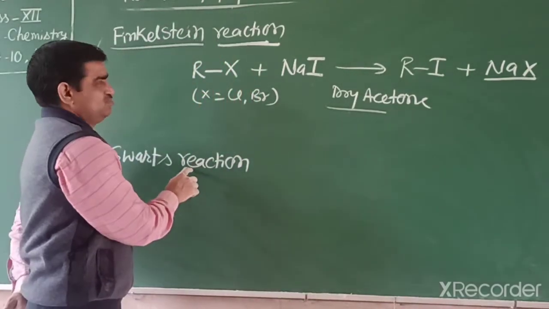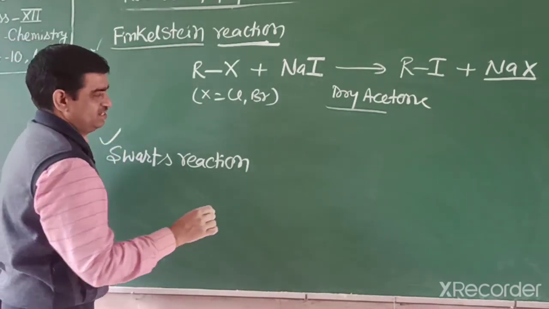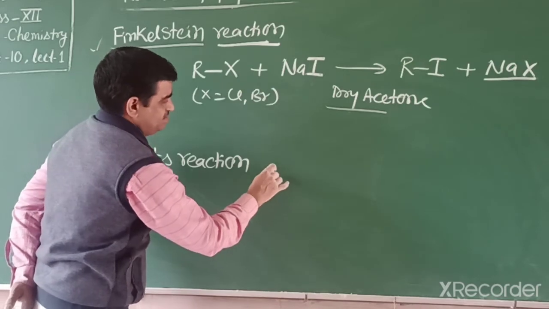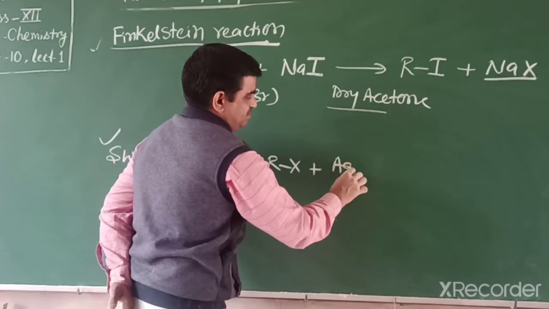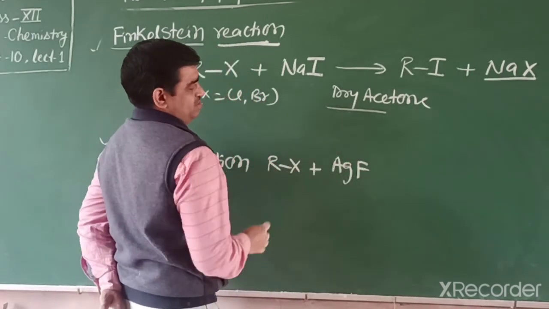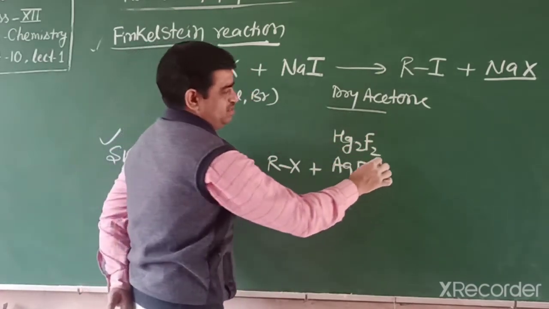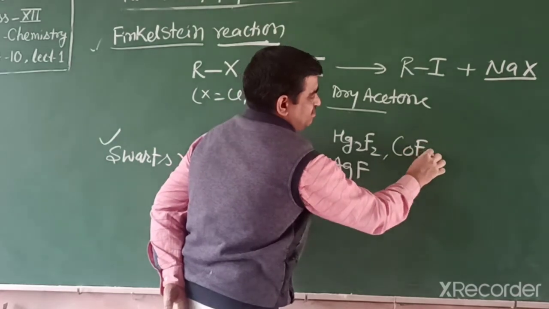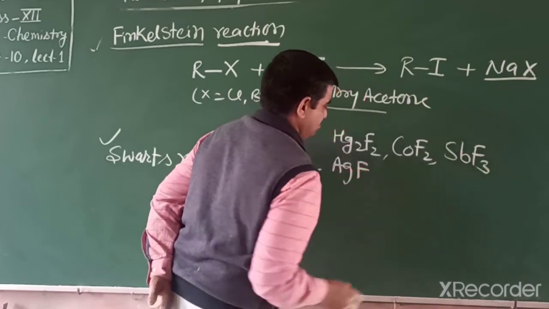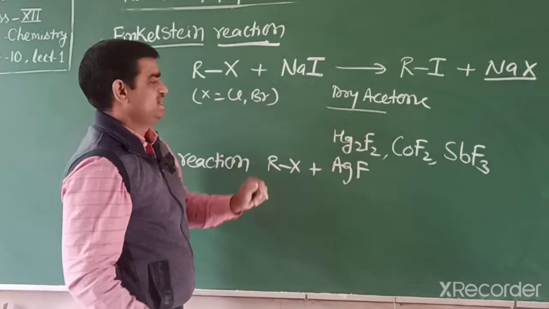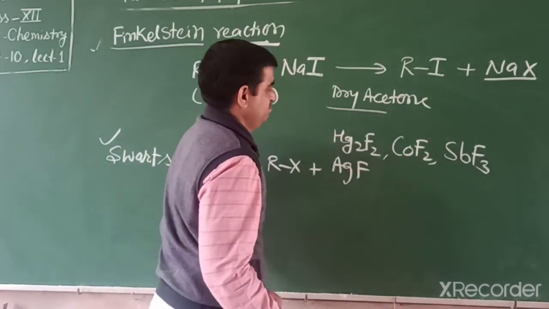The other reaction, to prepare fluoride, is the Swarts reaction. In this reaction, we take an alkyl halide and react it with either silver fluoride, mercurous fluoride Hg2F2, cobalt fluoride, or antimony fluoride SbF3. We can take any of these fluorides.